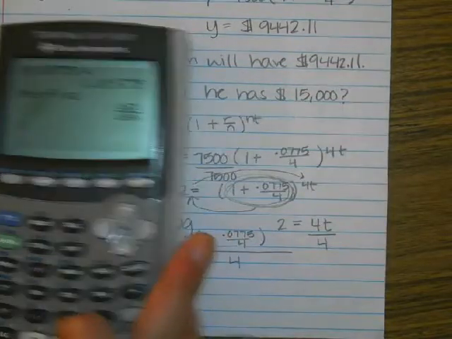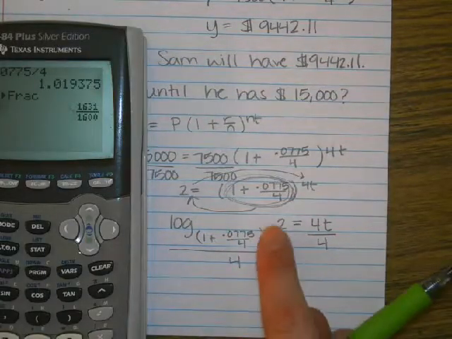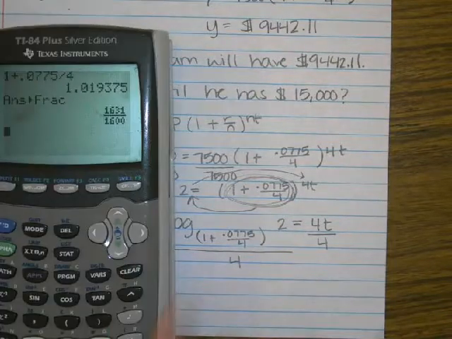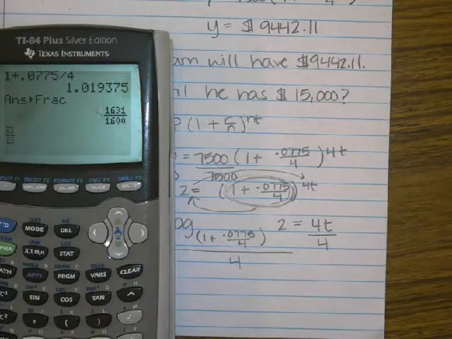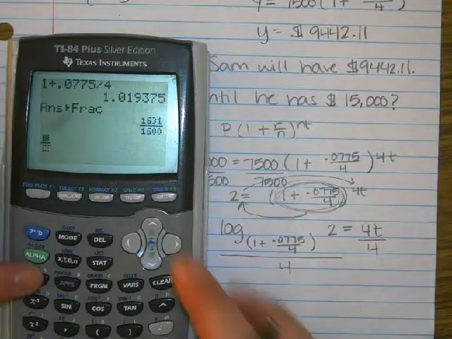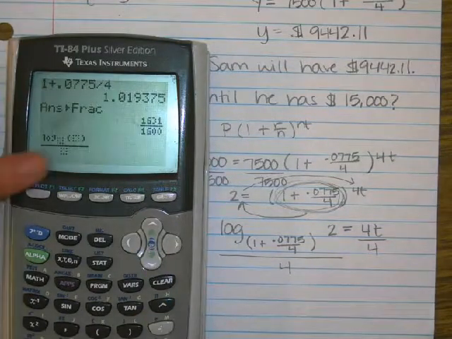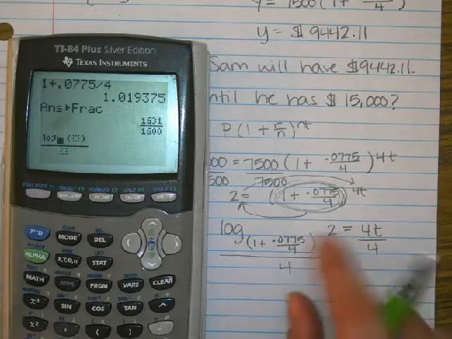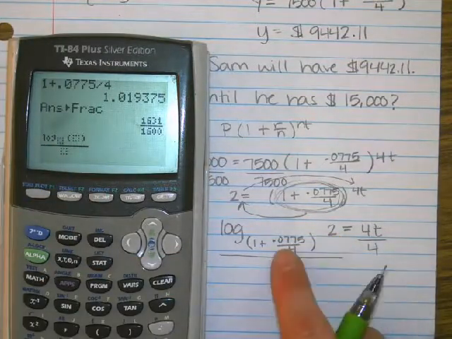So we're going to go ahead and type this in. I've got the top of the fraction and I've got the bottom of the fraction, so I'm going to hit alpha y equals to type it in. I'm going to do math up, and then you're going to do log 2 divided by log mess.